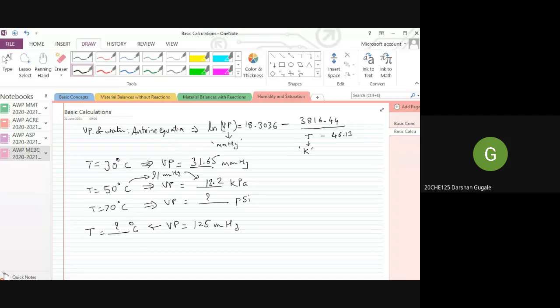Temperature 56 degrees Celsius. 4.5 psi. 4.52.